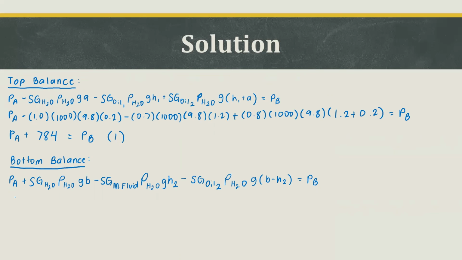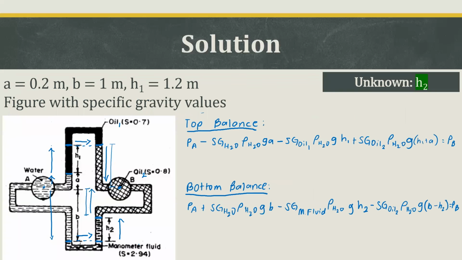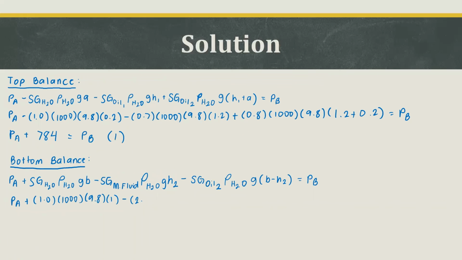Next, we simplify the bottom balance. So that's P sub A plus 1.0, 1000, 9.8. Then B is 1 meter. And then minus specific gravity of the manometer fluid, that's 2.94. Then 1000 again, density of water, gravity is 9.8. Then the unknown H2 minus specific gravity of oil 2, that's 0.8.